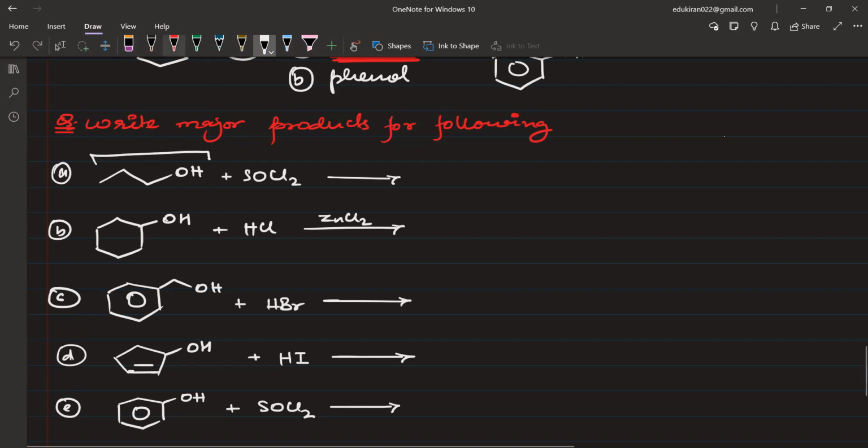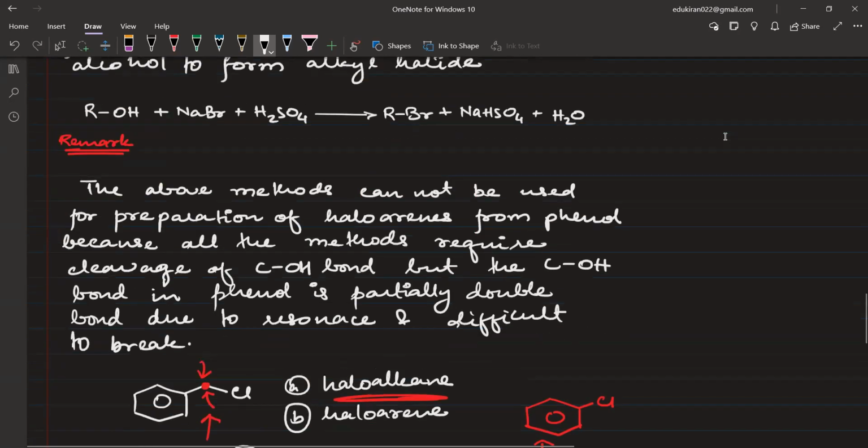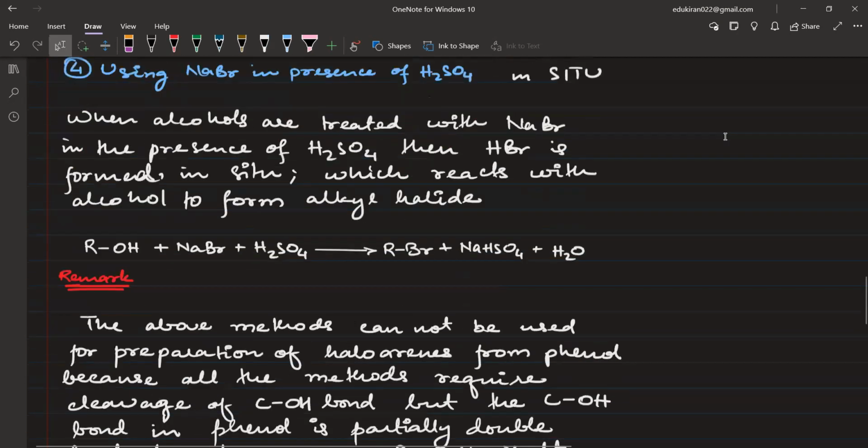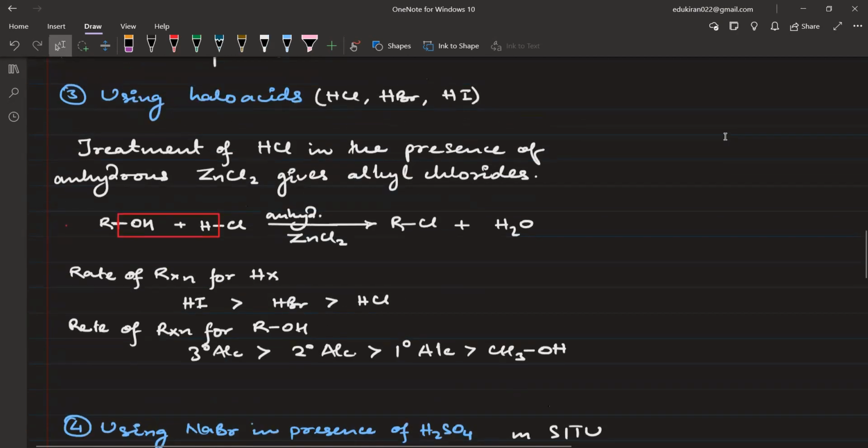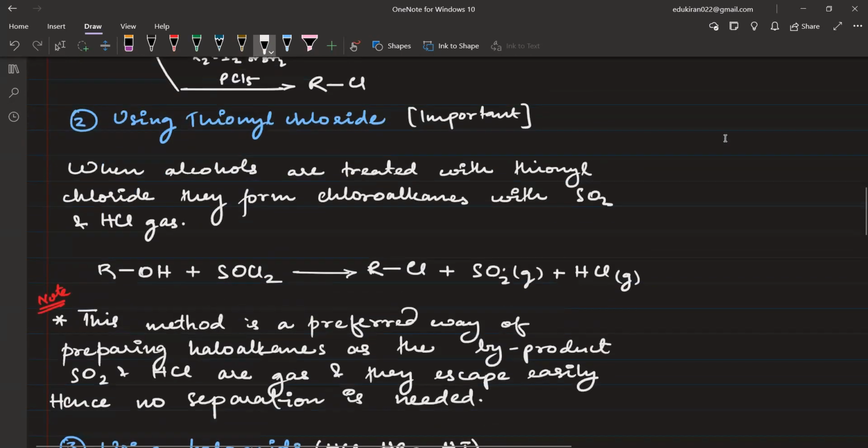Yes sir. ठीक है. जब SOCl2 के साथ रिएक्ट करता है अल्कोहल तो क्या बनाता है? हमने लिखाया है, Cl plus SO2 plus HCl. RCl बनाता है. आपने Cl लिखा है. अरे तो आप सही लिखिए ना, फिर हम क्या बताएं आपको? आप गलत जब लिखिएगा तो हम उसमें क्या कर सकते हैं?